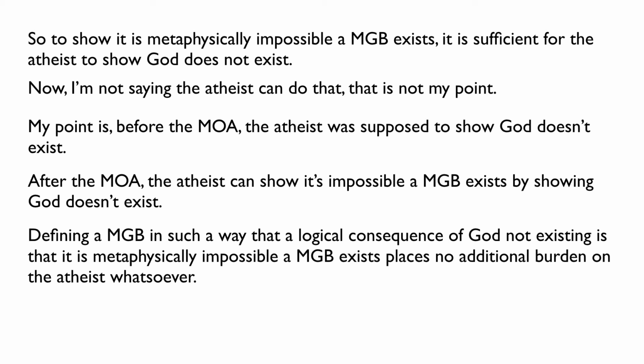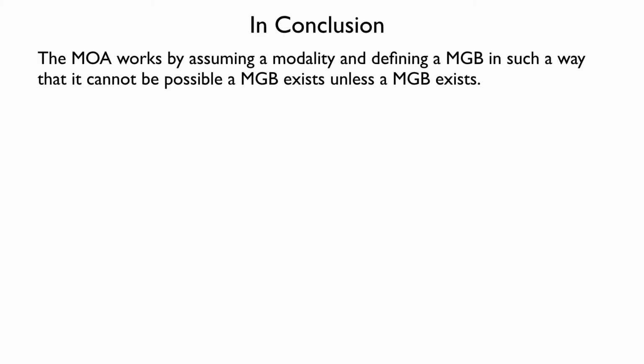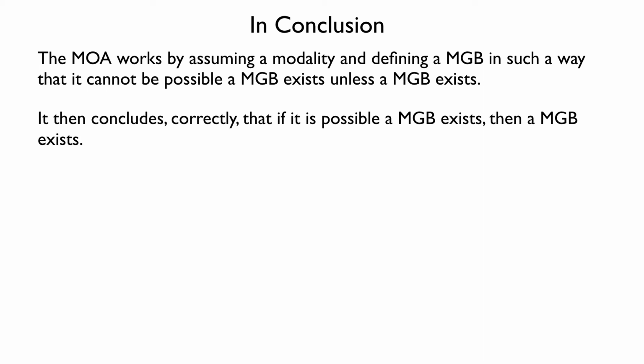Okay, so that's it. In conclusion, the modal ontological argument works by assuming a modality and defining a maximally great being in such a way that it cannot be possible a maximally great being exists unless a maximally great being exists. It then concludes correctly that if it is possible a maximally great being exists, then a maximally great being exists.